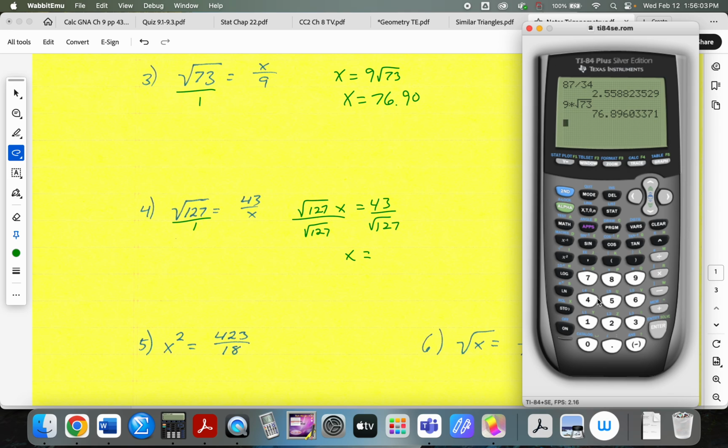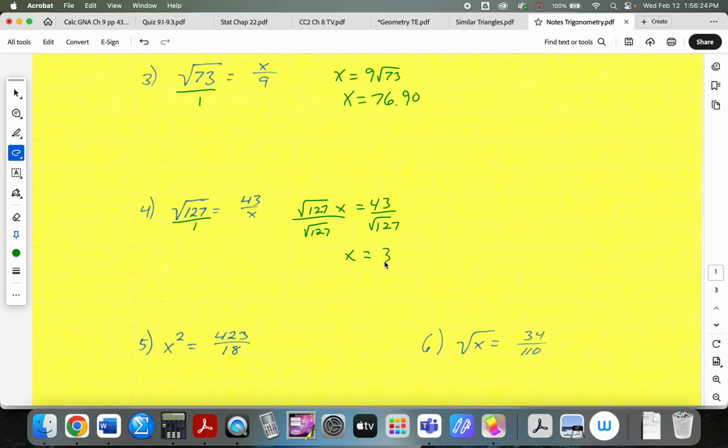So on our calculator, we'll do 43 divided by the square root of 127. And that'll be 3.82. That one's going to round up.